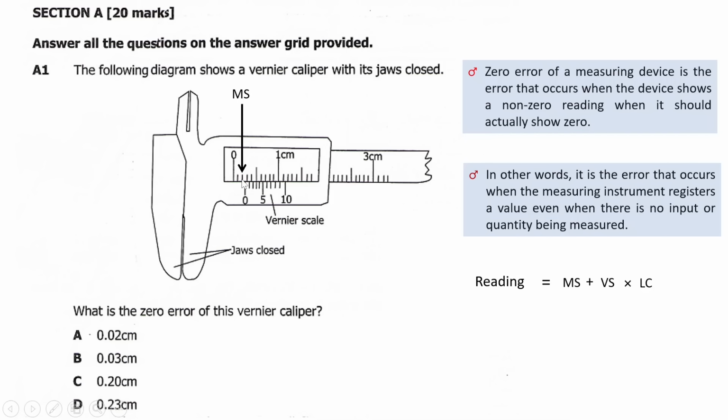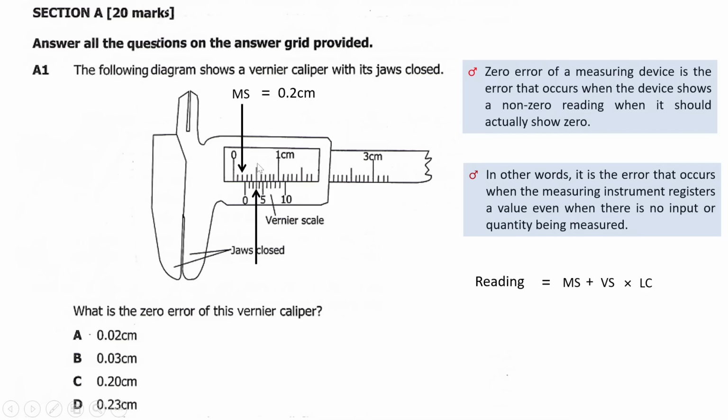So this mark is where you read from. So this is 0, 0.1, 0.2. So meaning the main scale reading is actually 0.2. The units is centimeters.